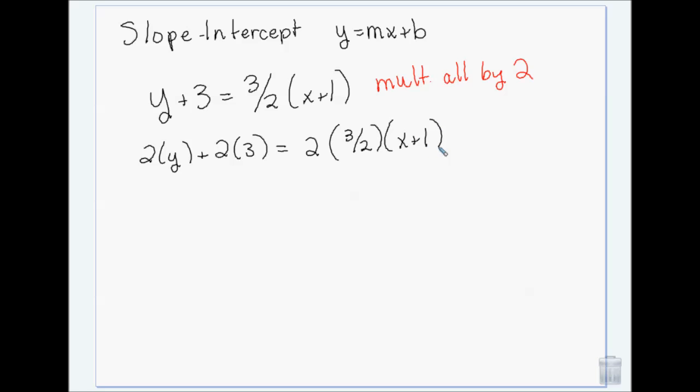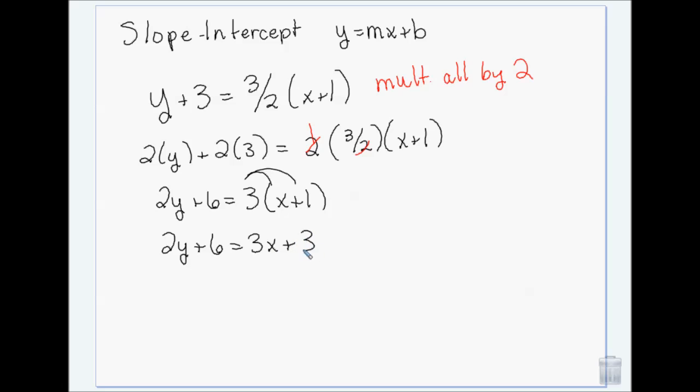Okay, so I'm going to multiply everything by 2 to get rid of that fraction. So I get 2y plus 6 is equal to, well, 2 goes into 2 once. 1 times 3 is 3. So 3 times x plus 1. Distribute the 3. So I get 2y plus 6 is equal to 3x plus 3.